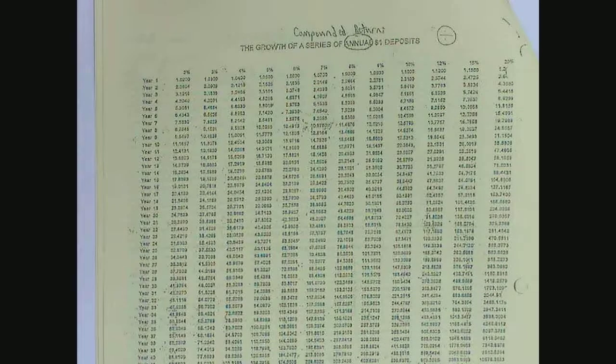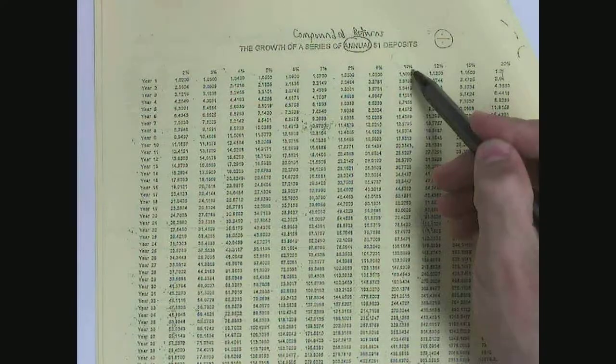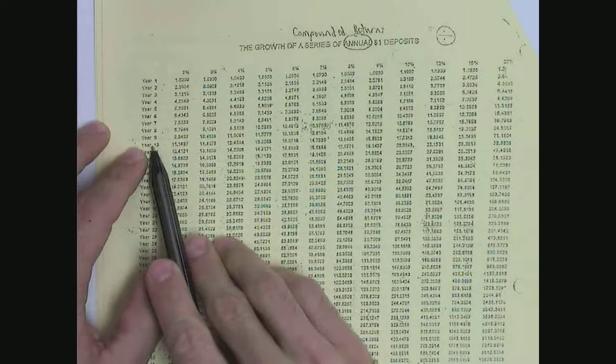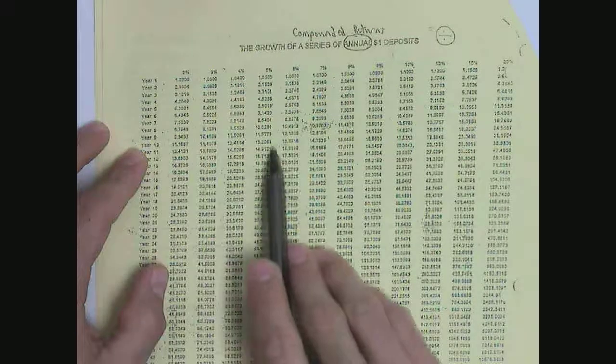So, in this one, I'm looking at if I put money in every single year. So if I got a 10% rate and I put $1 in this account that got a 10% rate, how much would I have in 10 years? Well, I'm going to have to come over here to 10 years and go all the way over.